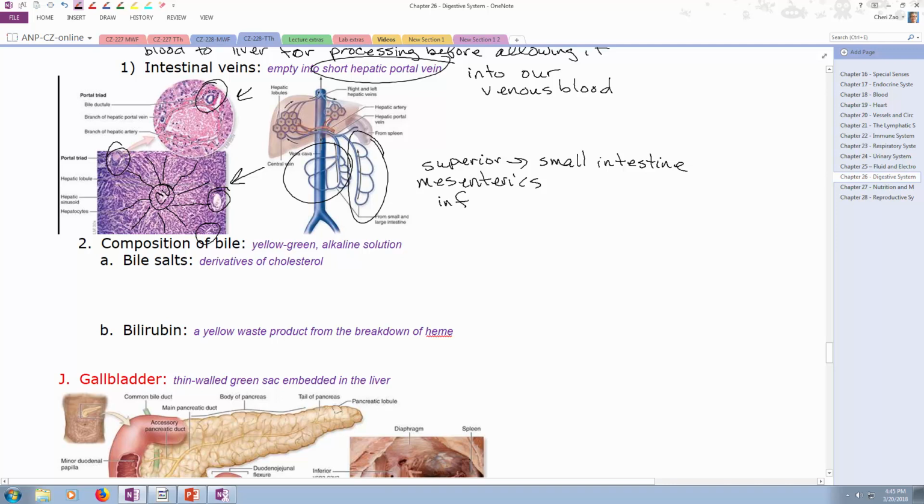And then the inferior mesenterics are taking venous blood to the liver from most of the large intestine. There's a little bit more detail than that, but I think superior mesenteric, small intestine; inferior mesenteric, large intestine. And then they all empty into the hepatic portal vein, which is emptying into the liver for processing.